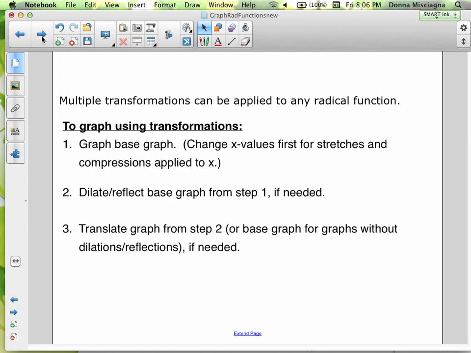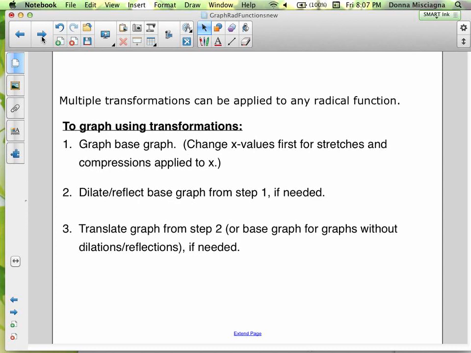If there is a stretch, a vertical or horizontal stretch or compression, you need to take care of that first. All right, so change x values first for stretches and compressions applied to x. Then take care of your vertical dilations and reflections.